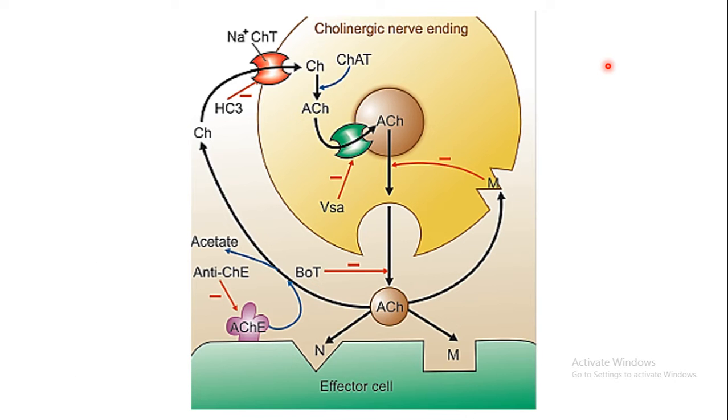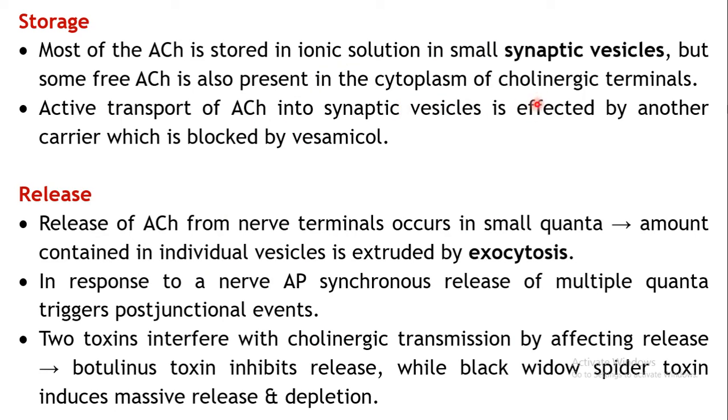These are small membrane bound vesicles into which acetylcholine is stored. The synaptic vesicle wall has an active transporter, which takes up the acetylcholine and stores it inside these vesicles. Of course, some of the acetylcholine is also available in the free form in the cytoplasm, but most of it is stored in the synaptic vesicles.